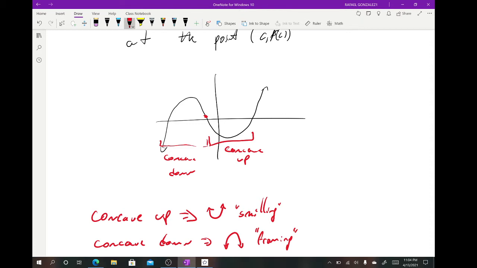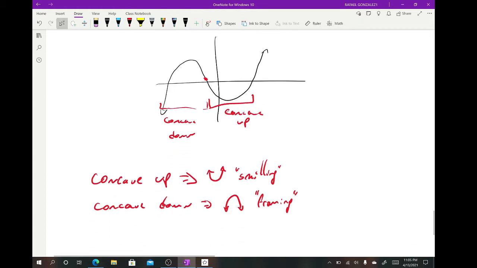Okay. Now, I've been talking about the second derivative test, and I just used the second derivative test to solve for inflection, not for inflection, to solve for the concavity of the function.